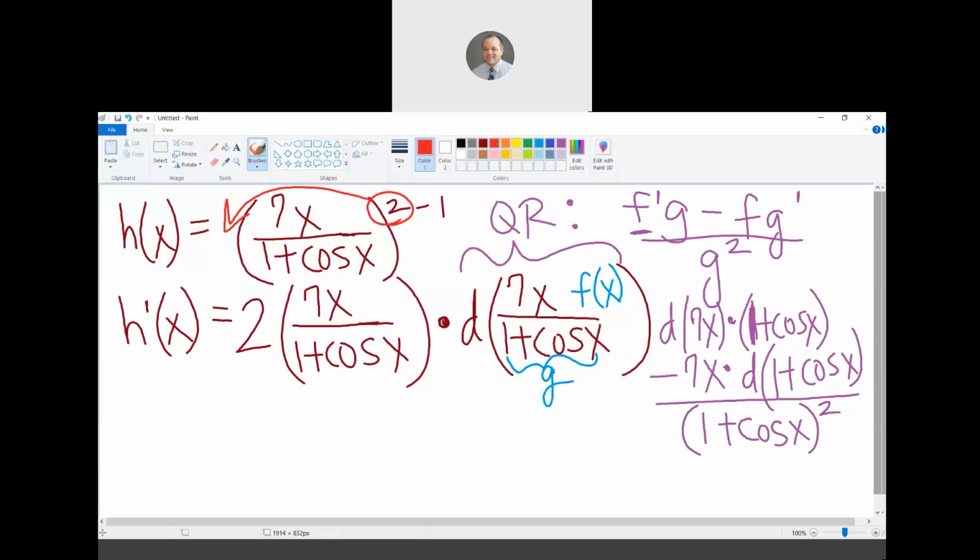Now let's come back over here and take our derivatives. The derivative of 7x is just 7. The derivative of 1 is 0, as we know. And the derivative of cosine x, be careful, it's actually a negative sine x from our derivatives that we found off the internet.